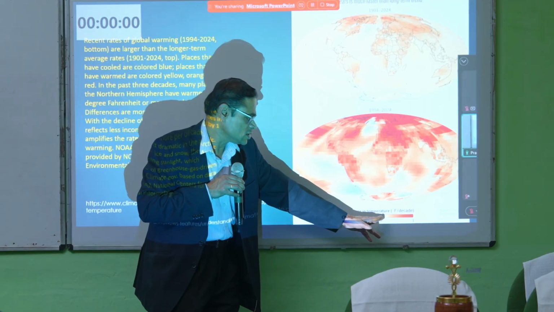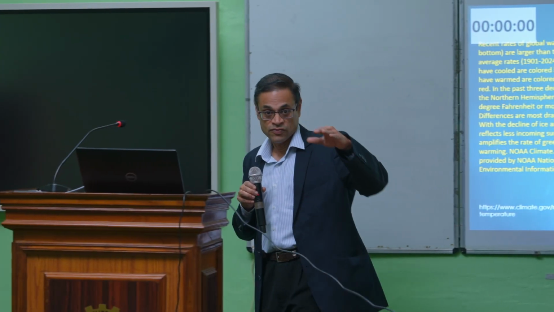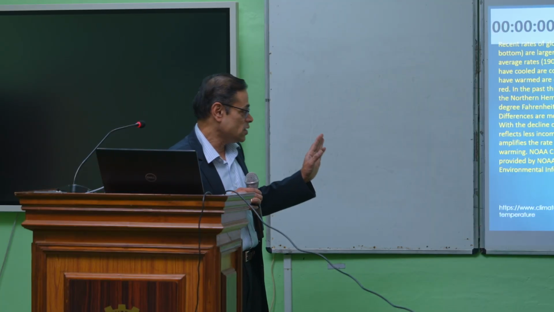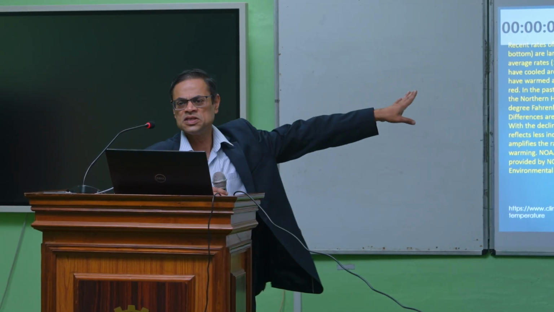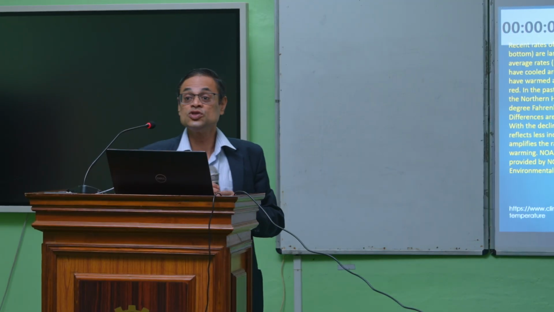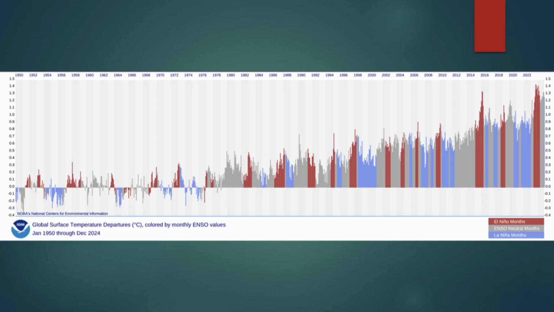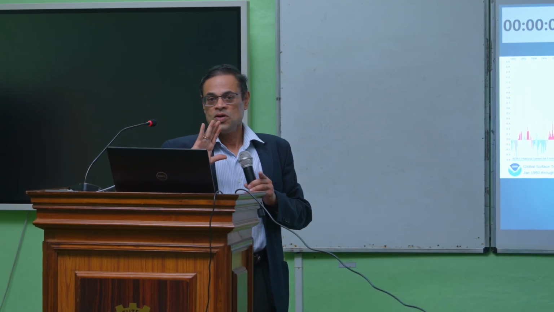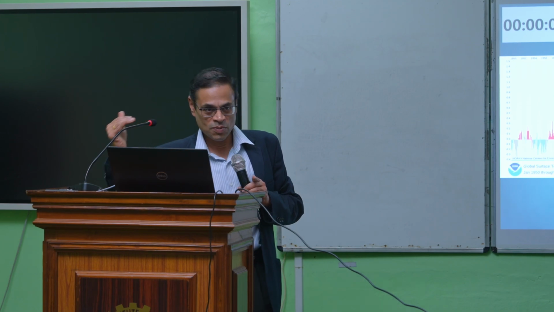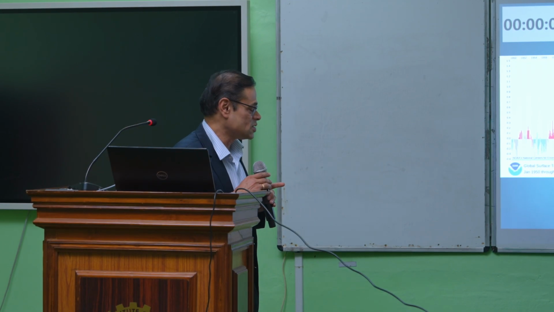The change is anywhere close to 0.51 to 1.5 degrees Celsius, that we see here. And this is very unsustainable for us to live. Everybody has some tolerance, but when the temperature is increasing, it is going to really cause discomfort, not just for humans, it's going to cause problems for animals, problems for vegetation, problems for all the natural ecosystems.